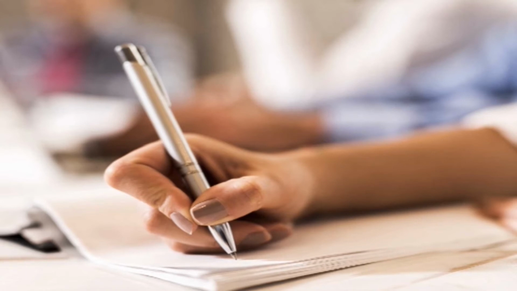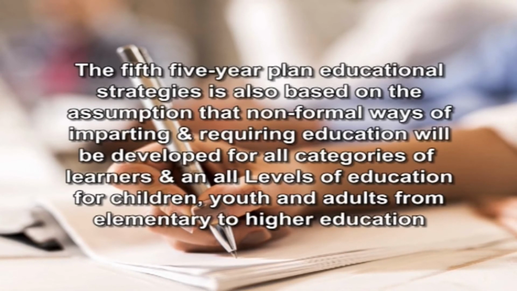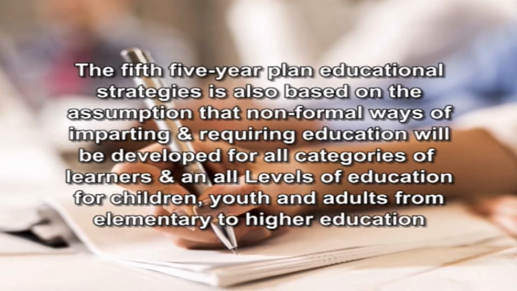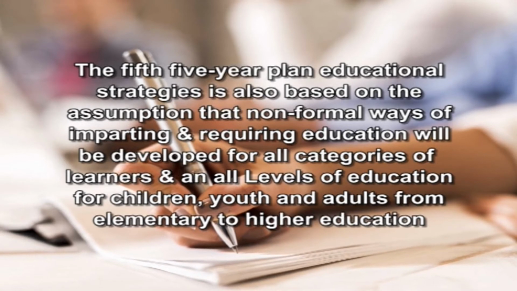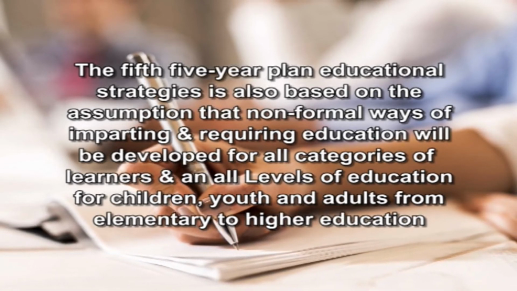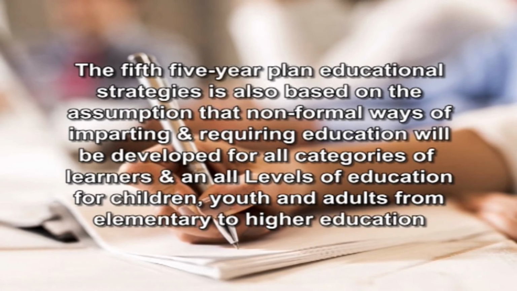The report of the Ministry of Education says the 5th five-year plan educational strategies are also based on the assumption that non-formal ways of imparting and acquiring education will be developed for all categories of learners and on all levels of education for children, youth and adults from elementary to higher education.